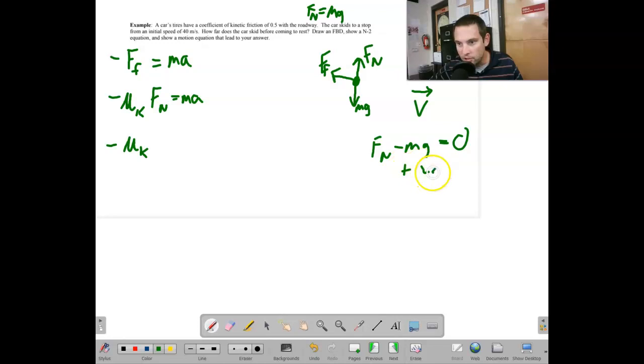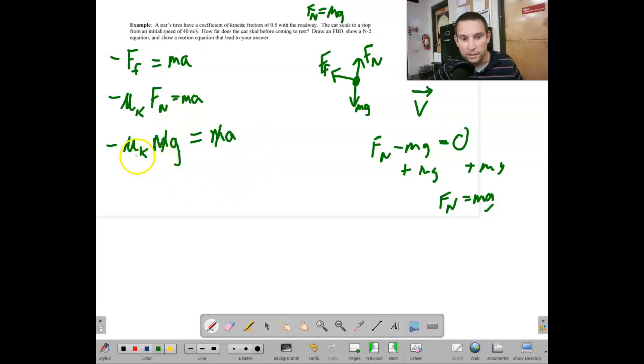And we could add mg to each side, and we get Fn equals mg. There we go. Here we go. Negative mu k mg equals m times a. Now we have mass on each side, so mass goes away. So we're good. We don't even need a mass.